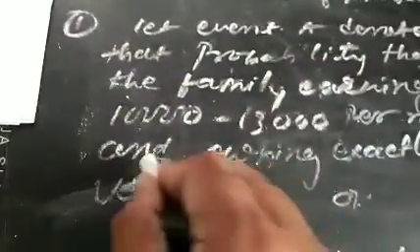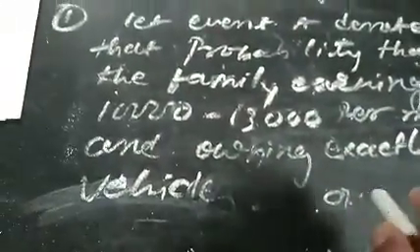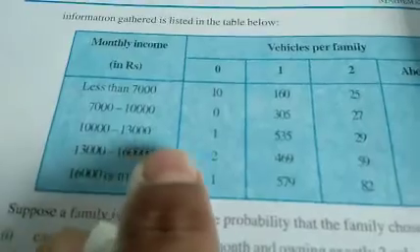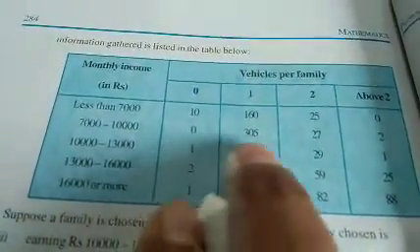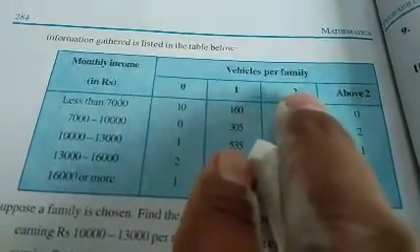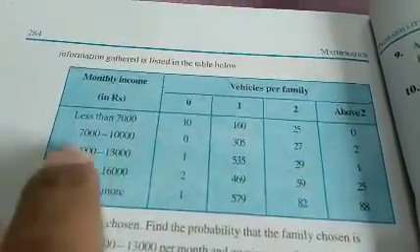So we decide here, per month and owning exactly two vehicles. The number of trials in which event A occurs, we get from the data. Here you see 10,000 to 13,000: zero vehicles means 1, one vehicle means 335, but we are asking for exactly two vehicles, so 2 means 29.